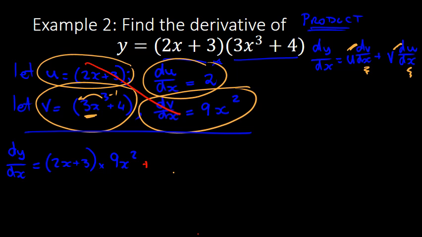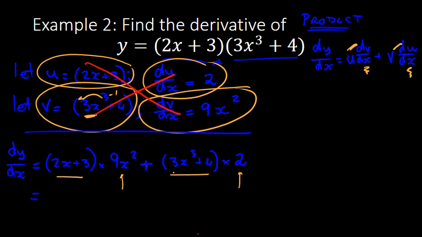We then have to add to this the v in its bracketed form, 3x cubed plus 4, multiplied by the derivative of u with respect to x, which is 2. Again, opposites. So what we should find in our expression for dy/dx is the 4 terms, the 2 original terms and the 2 derivatives.